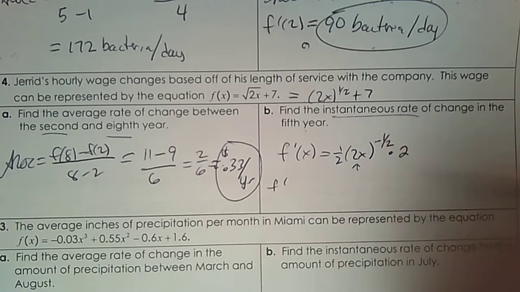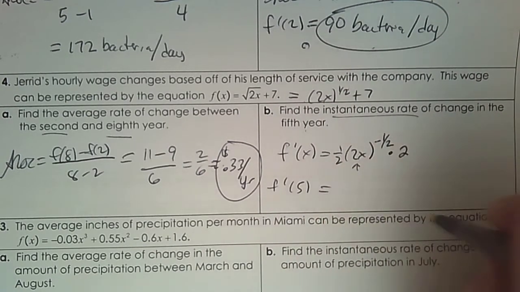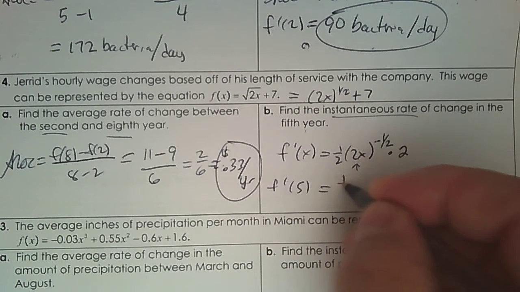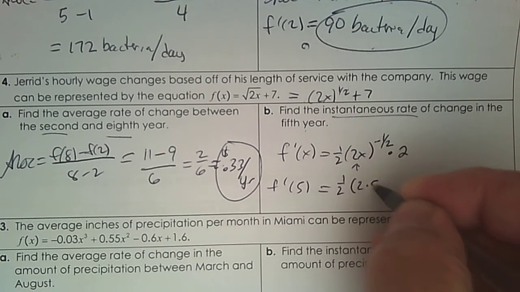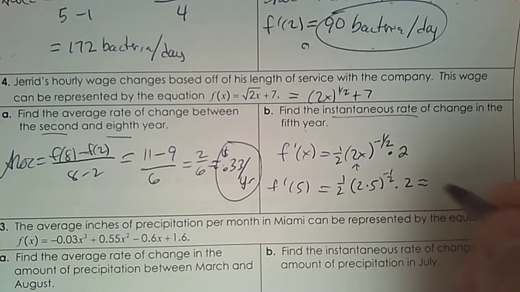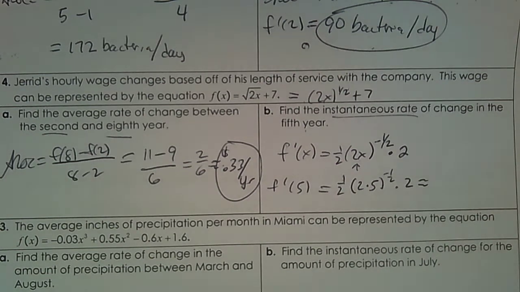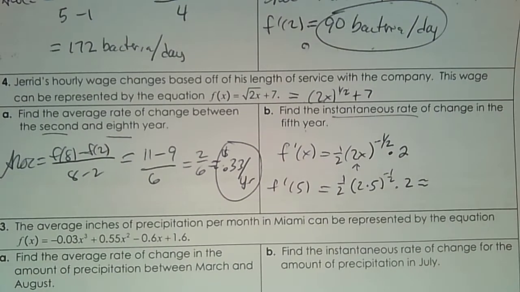Now plug in the 5th year. So now plug in 5. And then see what that change is per year in the 5th year. Here, let me take my calculator and do that.